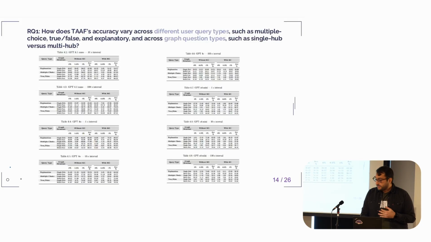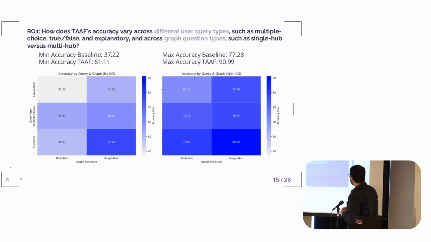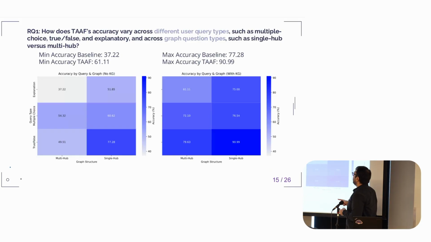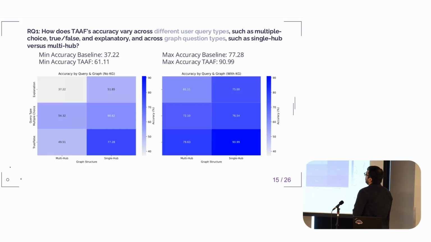To explain the numbers in these 9 tables, I made some visualization. Maybe you can see it better here. On the left side, we have the baseline, and on the right side, we have the full TAAF setting with the knowledge graph. Here we have different question and graph question types, like multi-hop, single hop, true or false, explanation, multiple choice. You can see that in almost every combination of questions, we have improvement when adding the knowledge graph. There are some insights we can get from this chart.